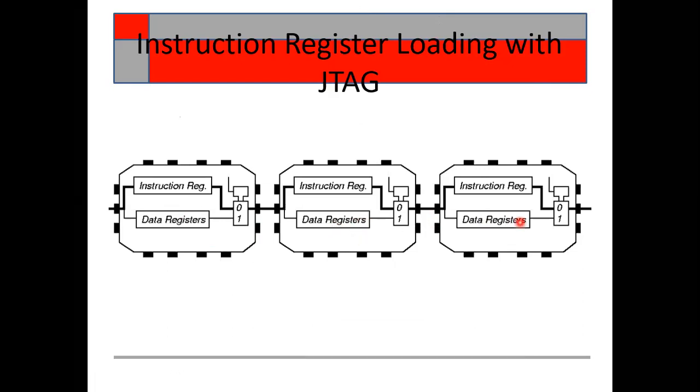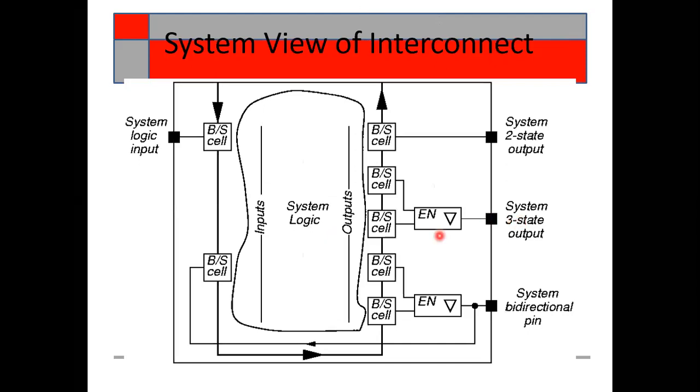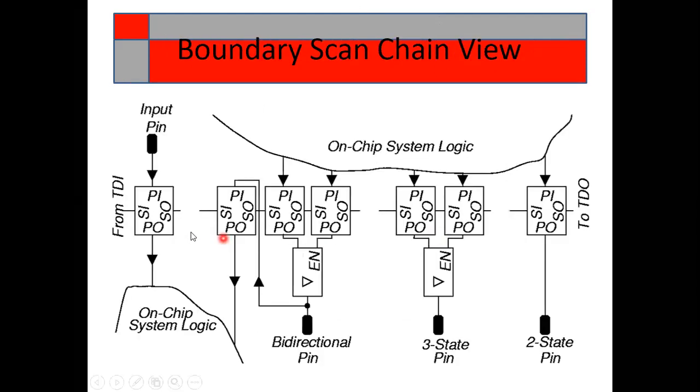Likewise, if we have created that system with first, second, third, we can view the boundary scan chain. We have boundary scan cells on the periphery of each IC that conforms to the boundary scan standard. The structure of the typical boundary scan cell is shown in the figure.